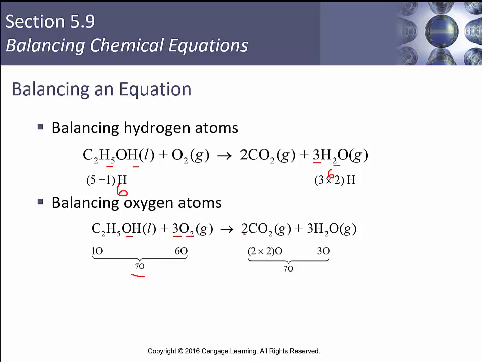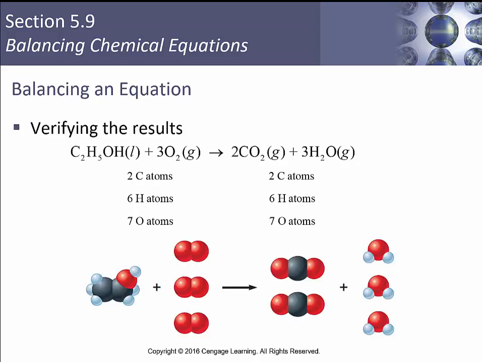And here I've got 2 times 2 is 4, and over here 3 times 1 is 3, so 7 oxygen atoms on the right. So our number of oxygen atoms balances, our number of hydrogen atoms balances, and our number of carbon atoms balances. So that's how we're going to verify our results. You check them at the end.